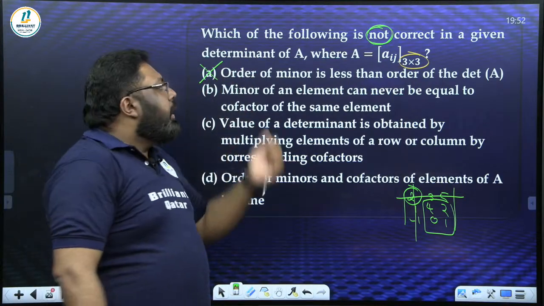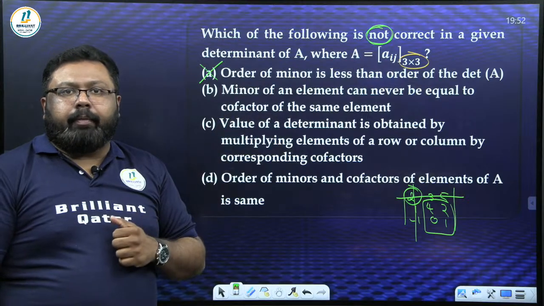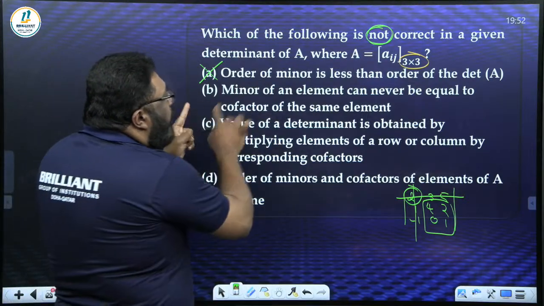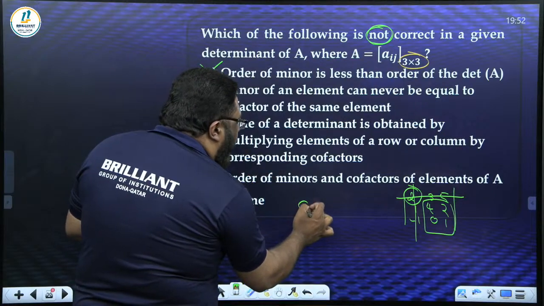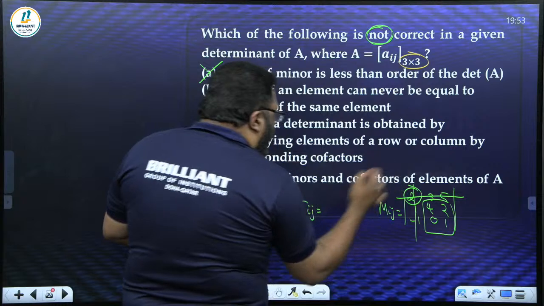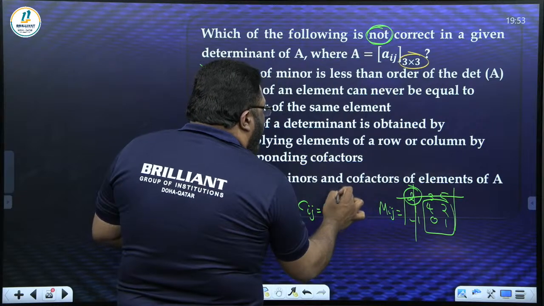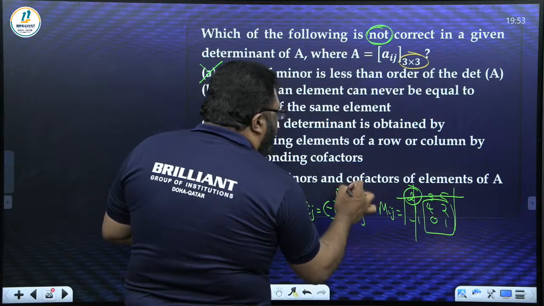Minor of an element can never be equal to cofactor of the same element. Check. How do you calculate cofactor? If this is the minor Mij, cofactor is calculated by minus 1 raised to i plus j multiplied with Mij.